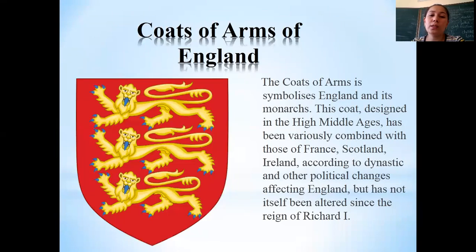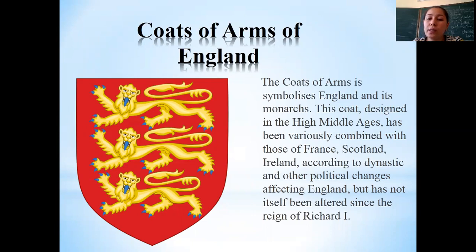The second one is the coat of arms of England. What does it mean? Here you can see the picture of it also. This symbolizes England and its monarch.